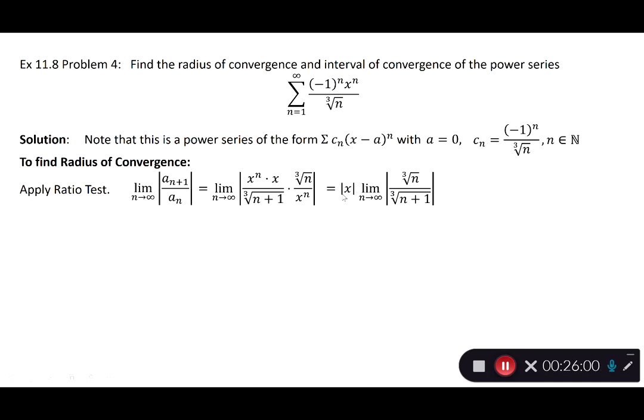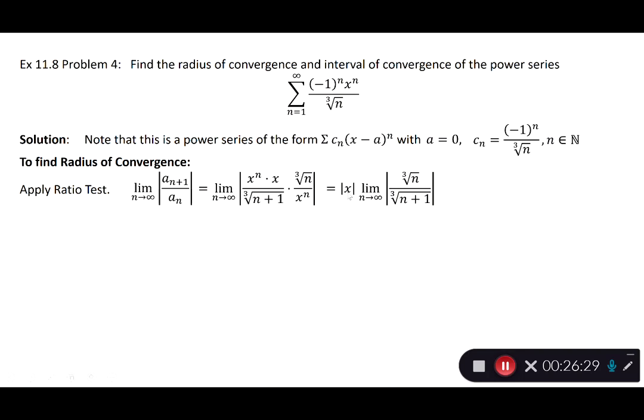Hey, I thought the x was supposed to be inside, man. Well, can I pull the x outside of the limit as absolute value of x? Am I allowed to do that? When can we pull something outside of a limit? When we have a constant multiple, right?